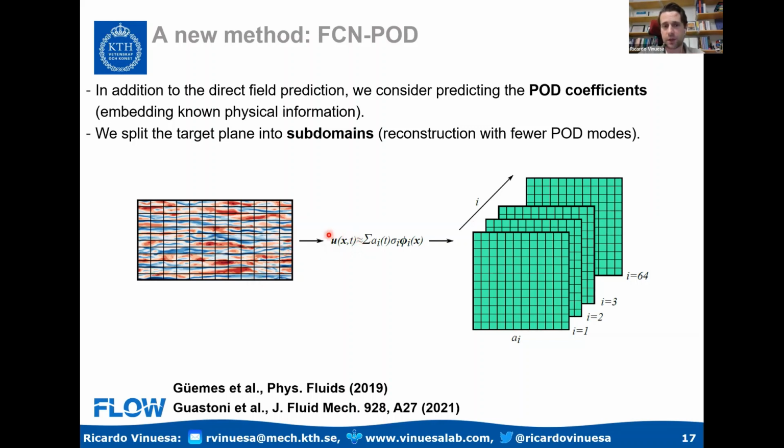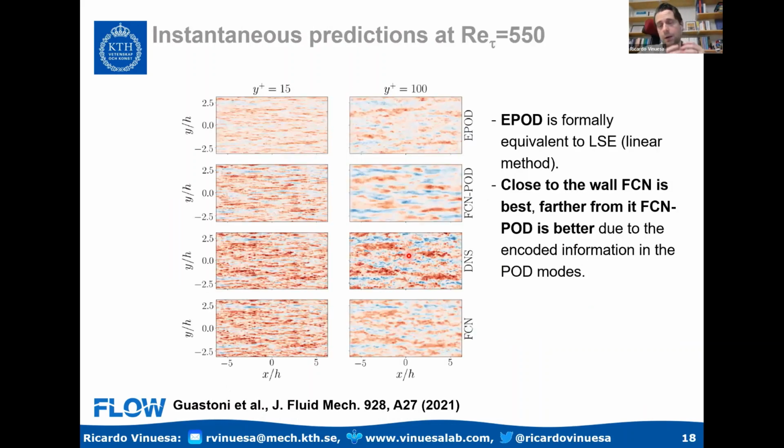That means that the spatiotemporal problem can be divided into spatial modes and temporal coefficients. And our goal with the neural network will be to predict those temporal coefficients because we effectively decouple the spatial and the temporal information. So having introduced the various methods, we can show some results at Re tau of 550. This is the streamwise velocity fluctuations. The first column is at y plus 15, so that's close to the wall.